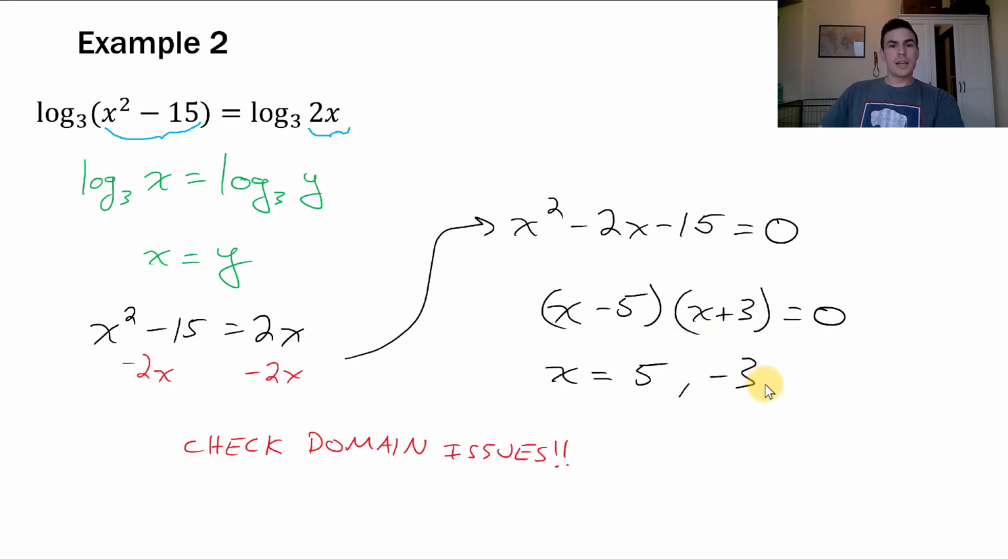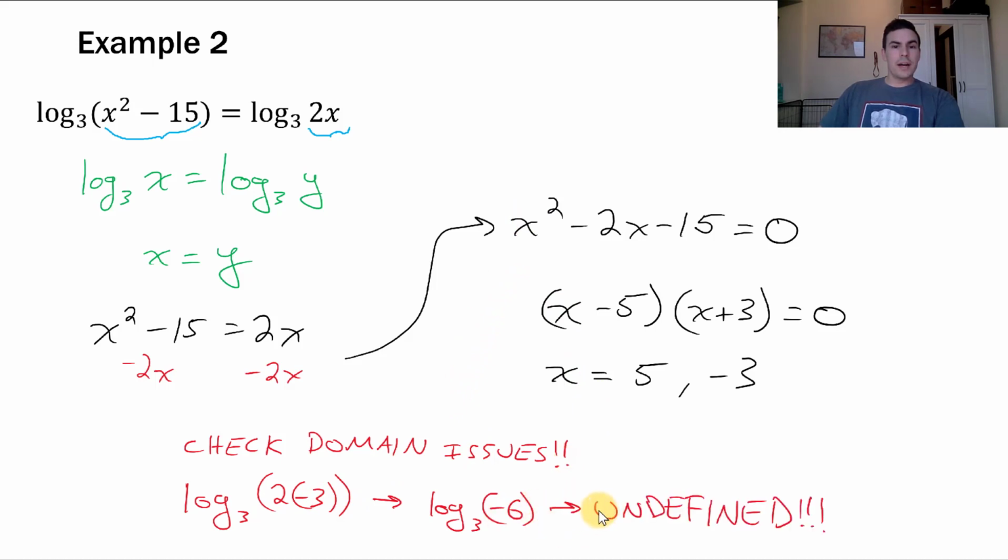So, especially with this negative 3, I've got to be careful, because if I plug this into either one of these logs and it gives me a negative number, then I can't use that as a solution. So if I plug negative 3 into log base 3 of 2x, that gives me log base 3 of negative 6, and that is going to be undefined, which means I can't use negative 3 as a solution. So x equals 5 is my only solution there.